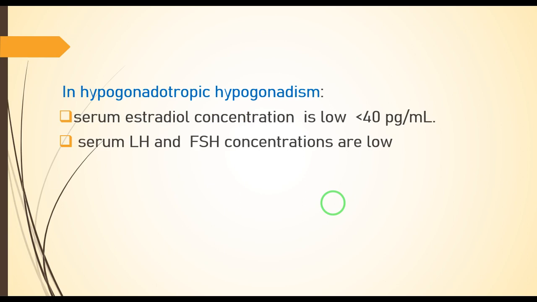While in hypogonadotropic hypogonadism, the estradiol level, which is the outcome from the ovary, will also be low, while the serum gonadotropin levels, the luteinizing hormone and the follicle stimulating hormone, are also low. So in hypogonadotropic hypogonadism, the pituitary hormone and the ovarian hormone are low, and the cause is in the pituitary. Due to low stimulation, the ovary output will also be low.